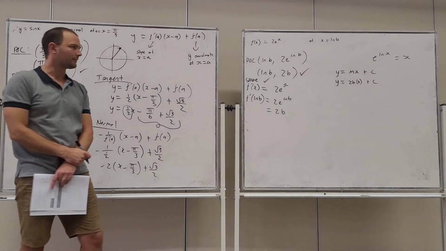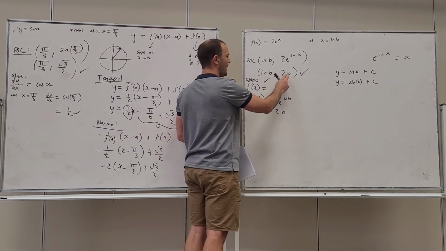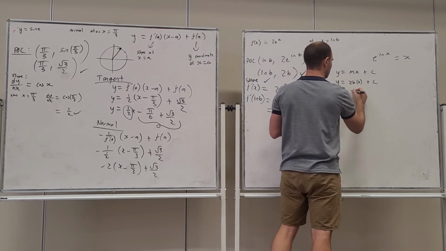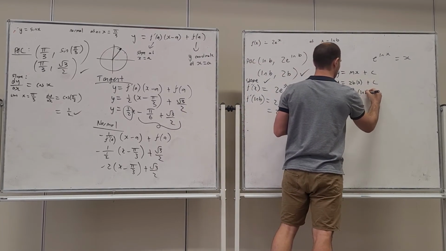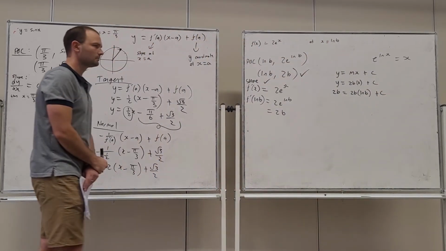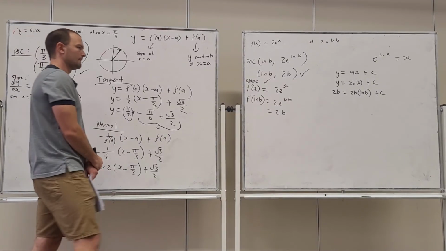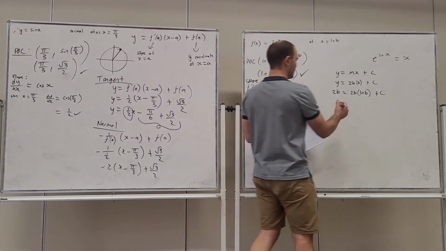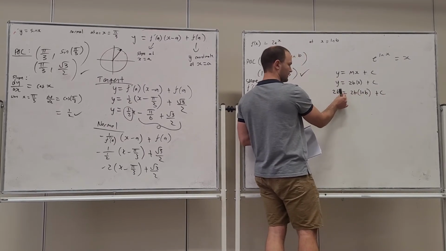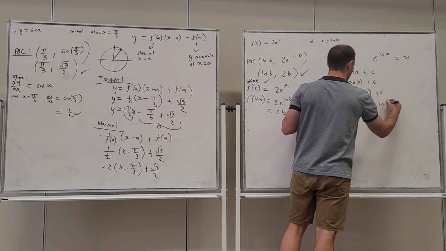Alright, and the point of contact, when x equals ln b, y equals 2b. And so here we're going to have c equals, keeping that there, I'm going to subtract this. So I've got 2b take 2b ln b.